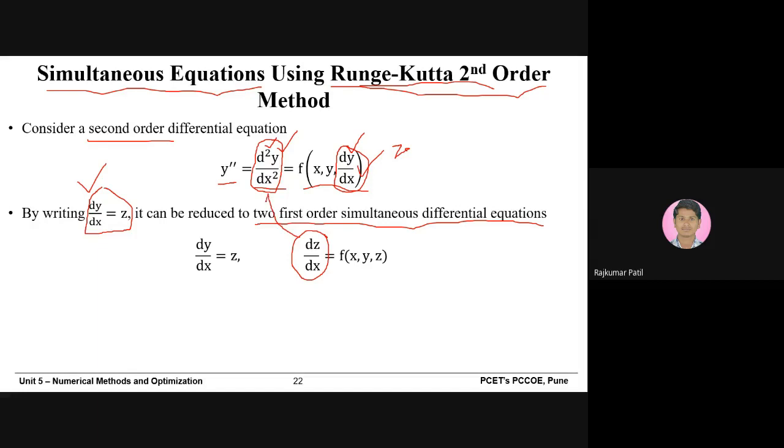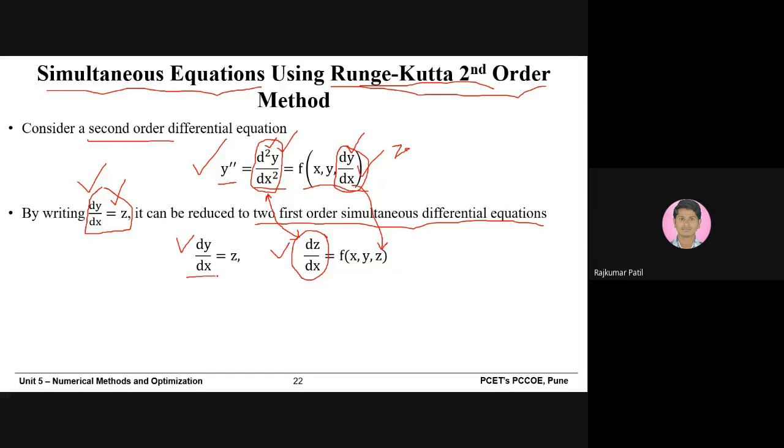So you can see that d2y by dx square can be rewritten as dz by dx, as we are going to replace dy by dx as z. So dz by dx is equal to f of x, y, and z. This is how we can reduce the second order differential equation to two first order simultaneous differential equations.